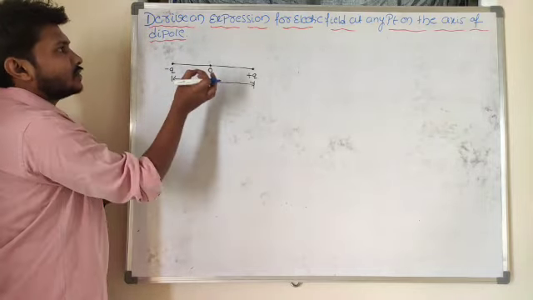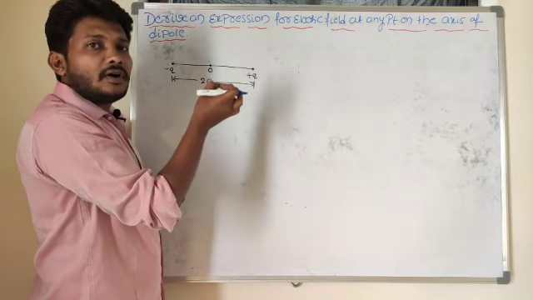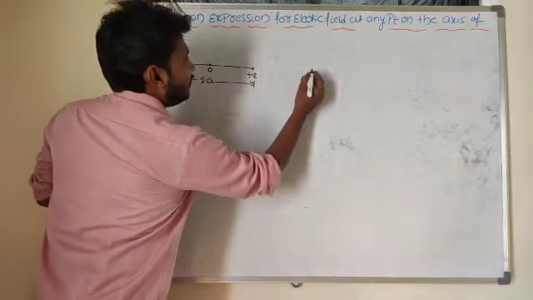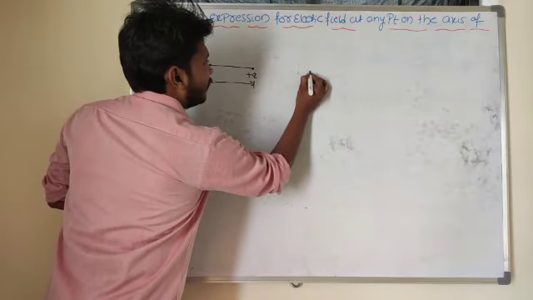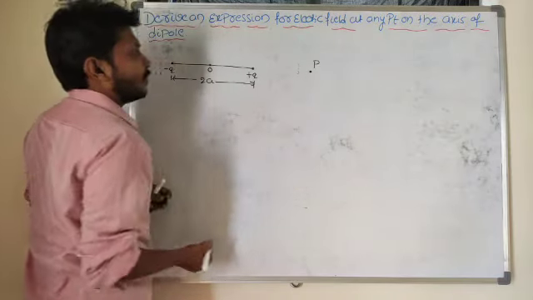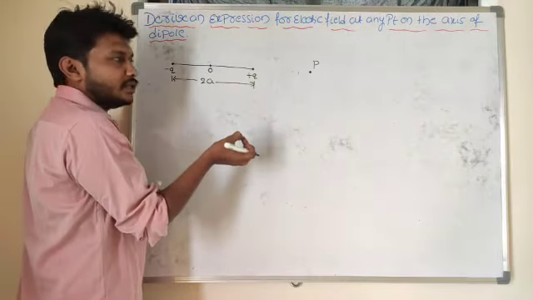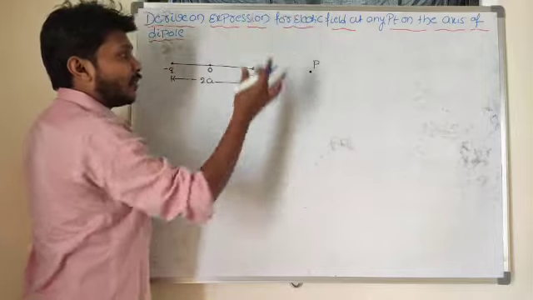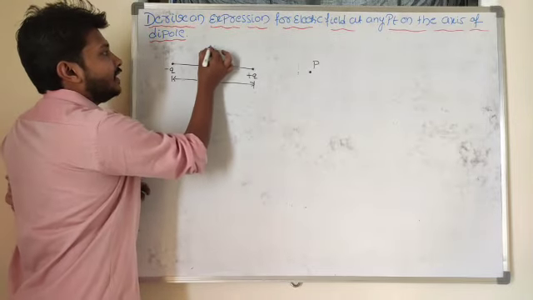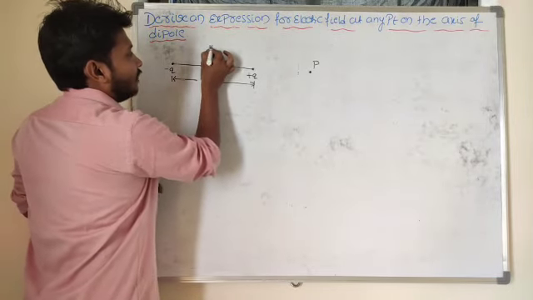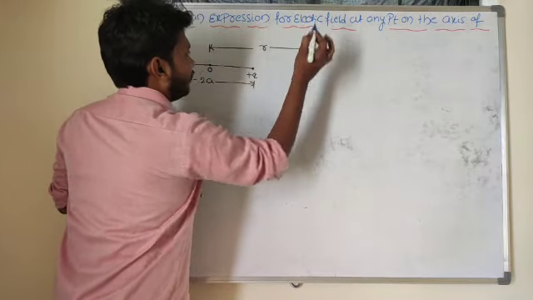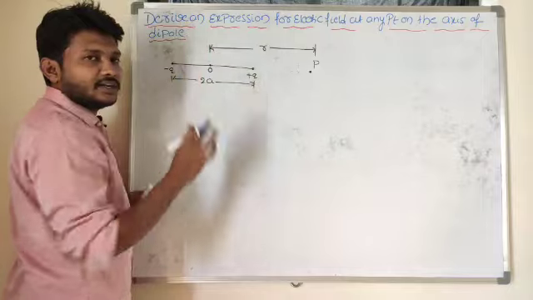I want to calculate the electric field strength at the axis of the dipole, so along this axial line I will choose one point here. This is point P. My duty is to calculate the electric field at this point P, which is at a distance of r from the center of the dipole.